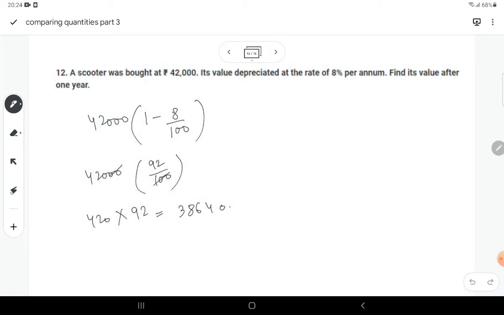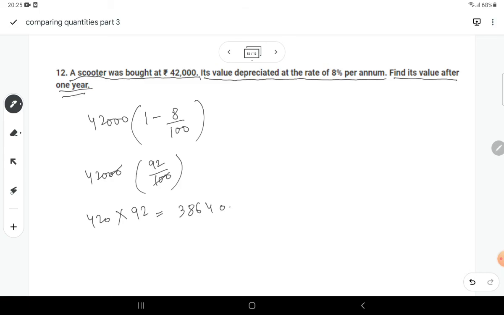Now solving the last question of this exercise. So a scooter was bought at rupees 42,000. Its value depreciated at the rate of 8% per annum. Find its value after 1 year. This is also one of the application of compound interest.